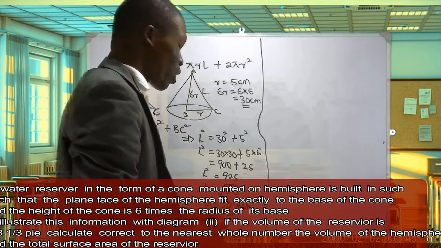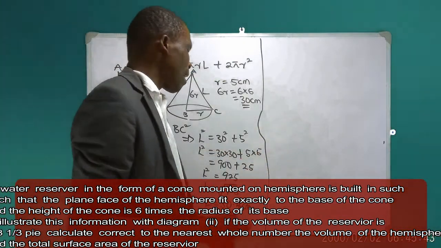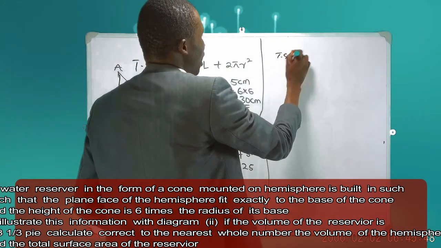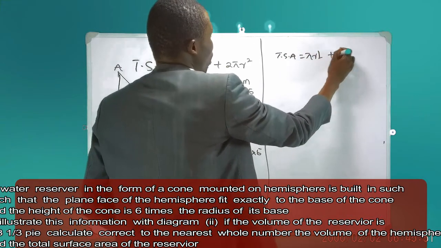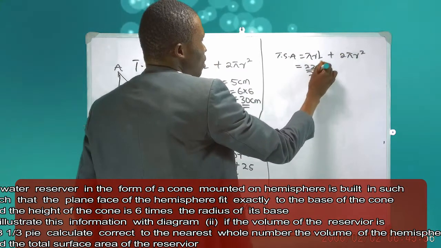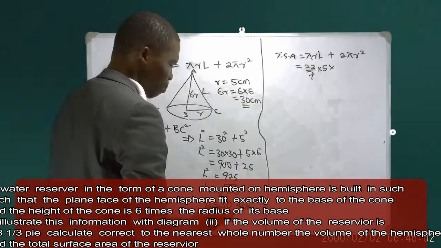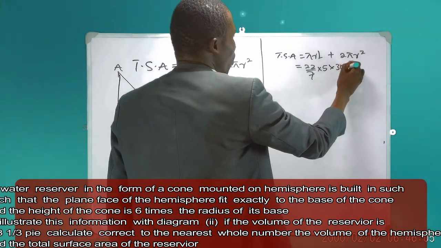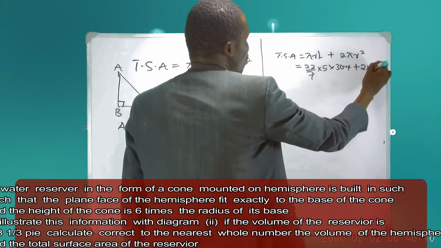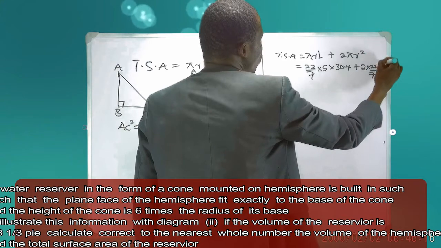Okay. Now we are going back to the total surface area of the reservoir. Remember, the formula to find the total surface area is pi RL plus 2 pi R squared. So this will give us 22 over 7 times 5, which is R, times 30.4, plus 2 times 22 over 7 times 5 squared.